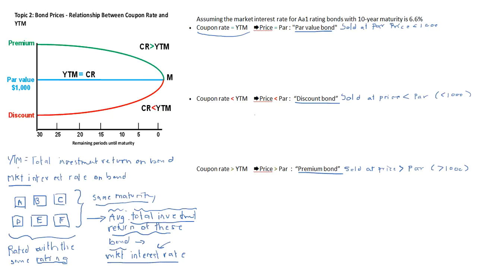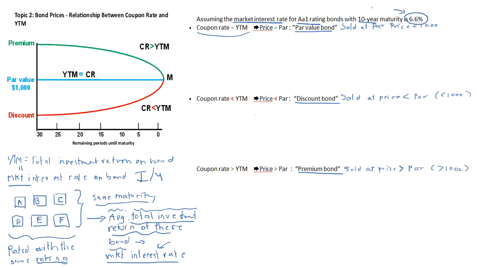That's why many times I say that yield to maturity and market interest rate can use interchangeably when you put it as IY in your calculator. Okay. So now go back to this situation. So if I assume that the market interest rate for the bond that issued by the company that rate with this rating for 10-year maturity has the market interest rate for 6.6%.